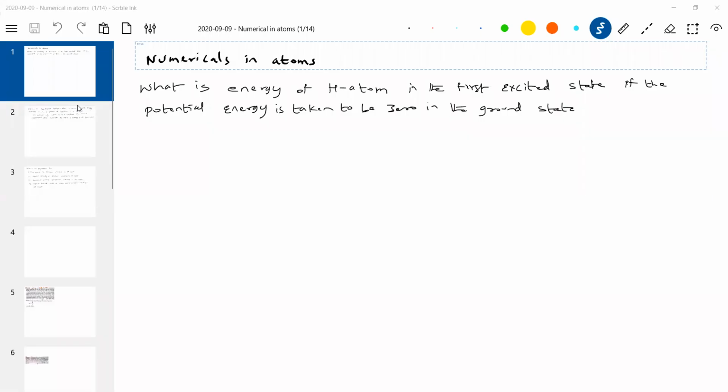I'll get back the screen. Let me construct the diagram.